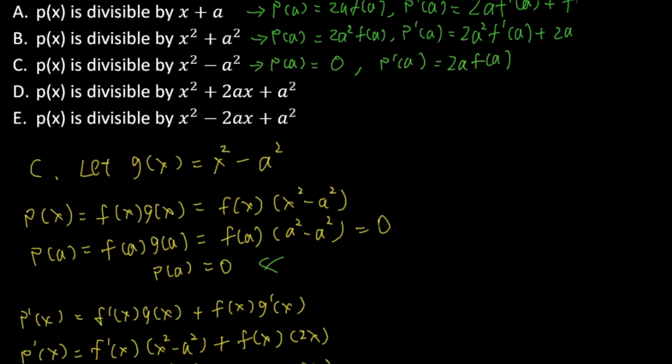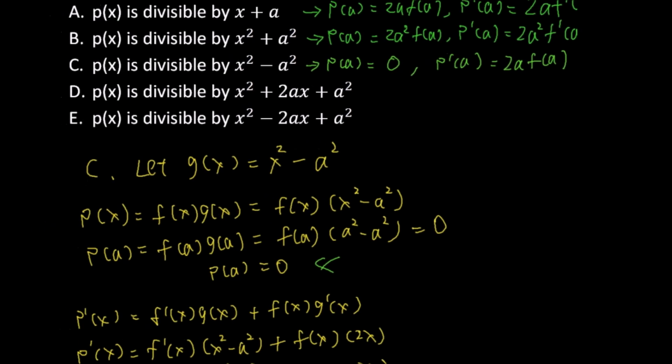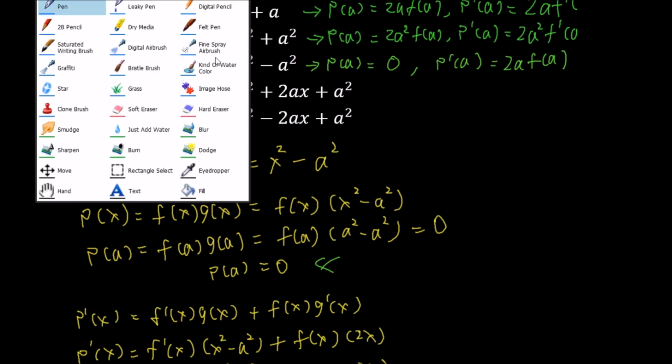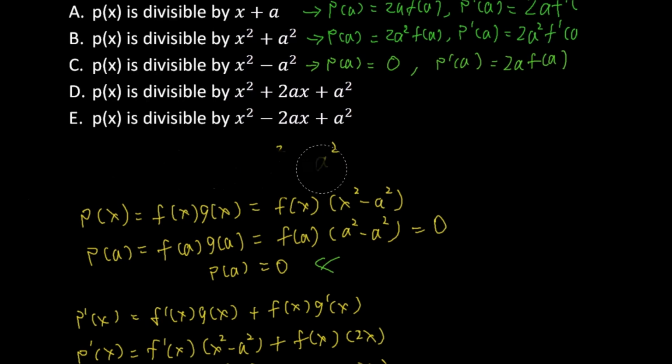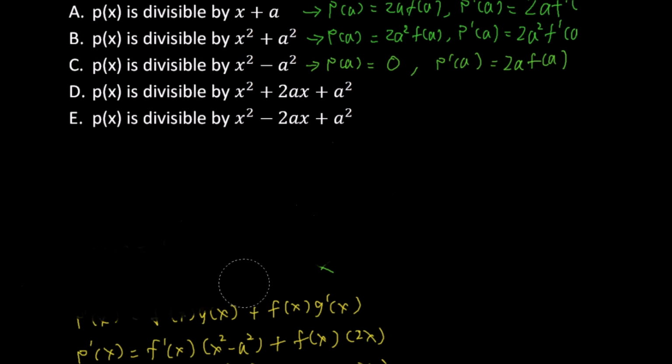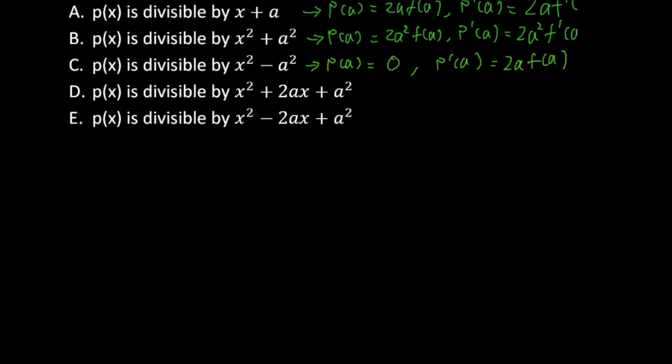So let's look at D. See if they can be both 0. p(x) is divisible by x squared plus 2ax plus a squared. So let's do the calculation, do the math. So we erase all this. Okay. So we will do D right now.